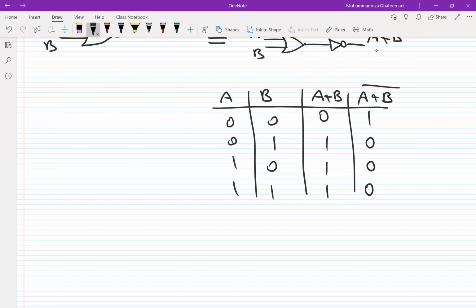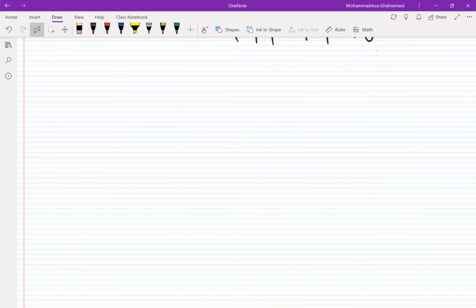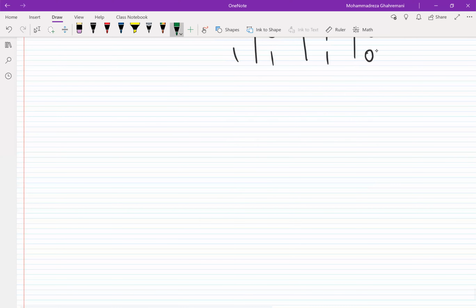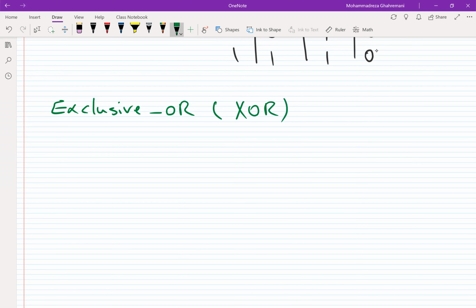Okay, the next gate we want to describe is called exclusive OR gate, or we show it with XOR function.